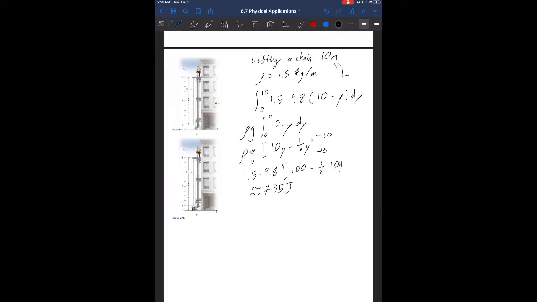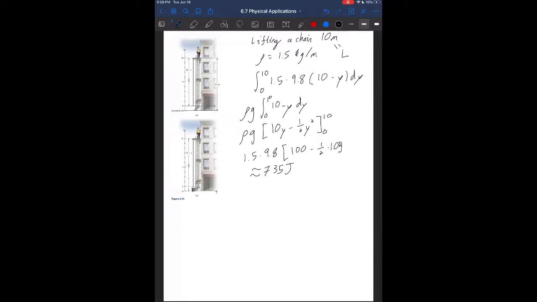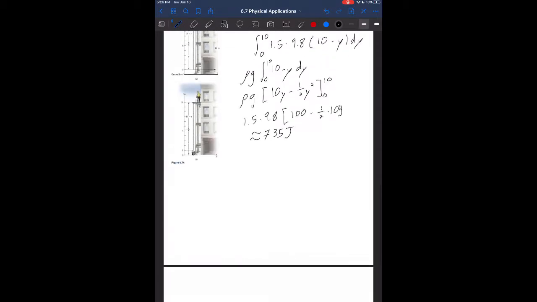So the next thing that we're going to do is, let's just say we add a bucket, which is the bottom of this figure 6.74. Add a bucket, and let's say that it weighs 15 kilograms.